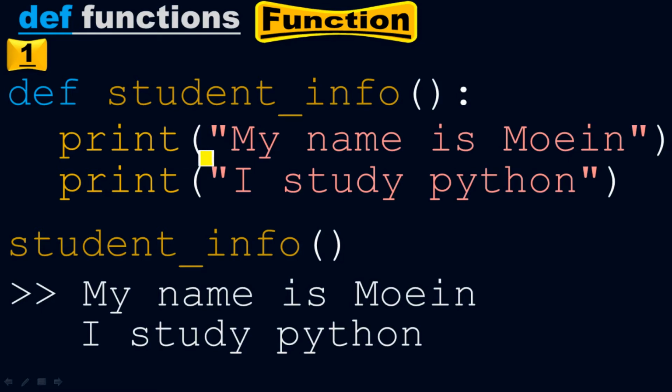You can include multiple print functions, but the operation is the same. We first call from below, we call here, and then it goes up, it executes, and then it takes the print of these statements. So this is going to be the output. We got the output from the print function by calling the defined function.